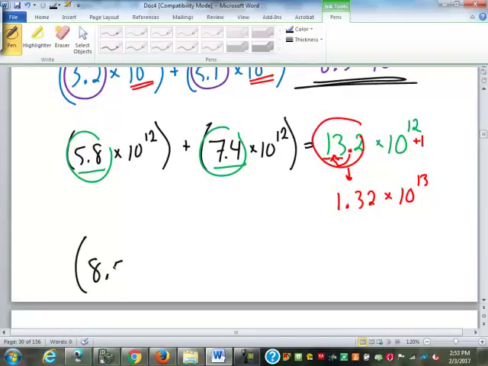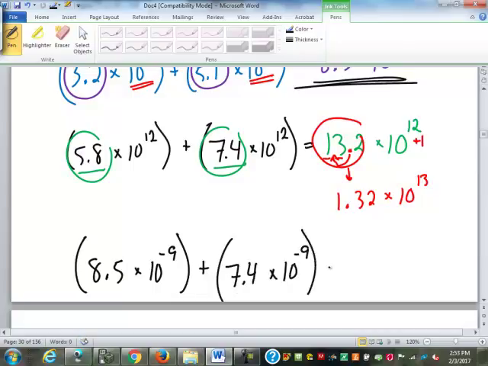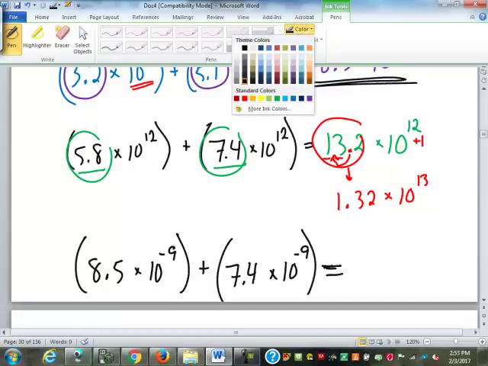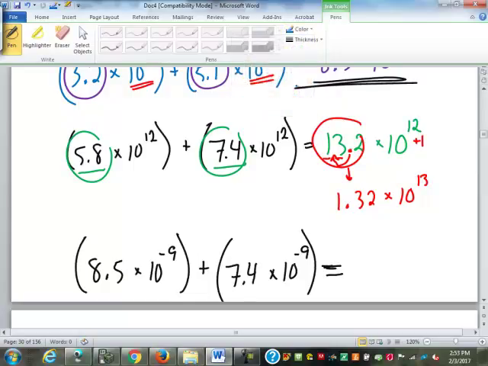So we might have 8.5 times 10 to the -9 plus 7.4 times 10 to the negative 9. So now again, we have the same power of 10, so we have the same name. So we can go ahead and add. 8.5 plus 7.4 is 15.9. Good.